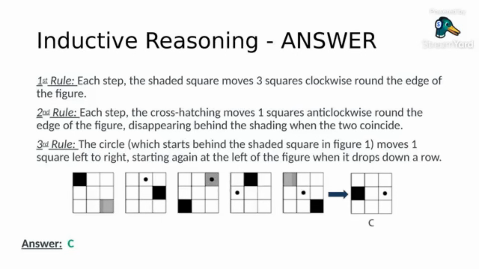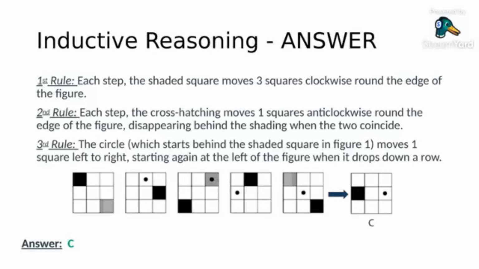So yan. And then each step, the cross-hatching, yung may mga line, moves 1 square anti-clockwise or counterclockwise round the edge of the figure, disappearing behind the shading when the two coincide.